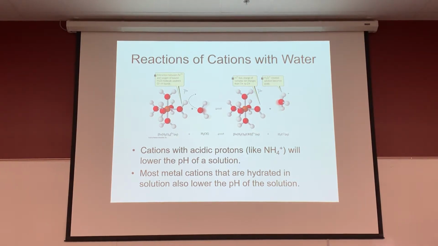The solvation, are those actual bonds to the metal, or are they just sort of surrounding it? I think your book describes these as covalent bonds between the metal ion and the water, but I would disagree with your book on this part.